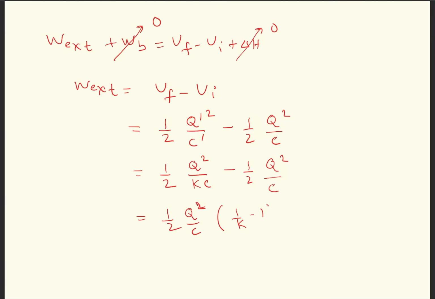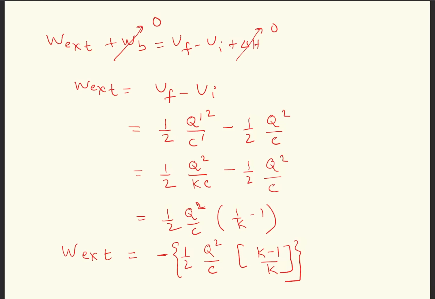Here also you can see, because k is greater than 1, the work done by the external agent can be written as minus of half Q square by C into (1 minus 1 by k). This will be (k minus 1) by k. So the quantity inside the bracket is a positive quantity.